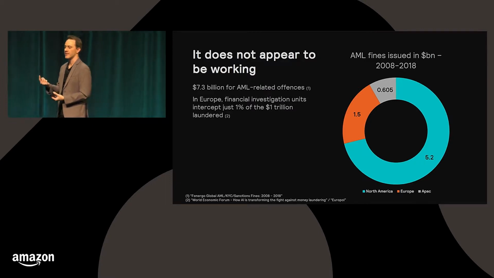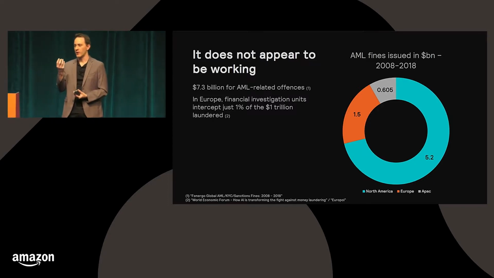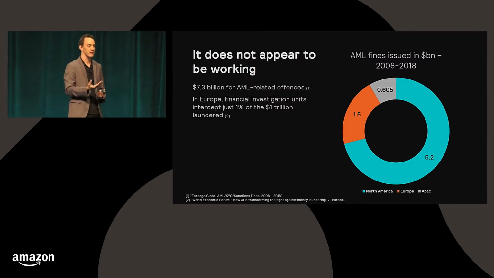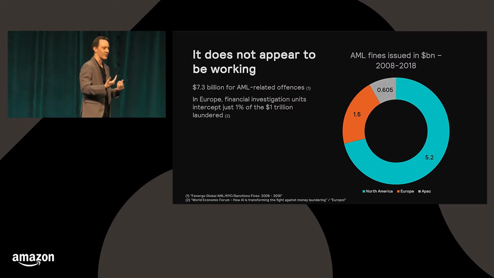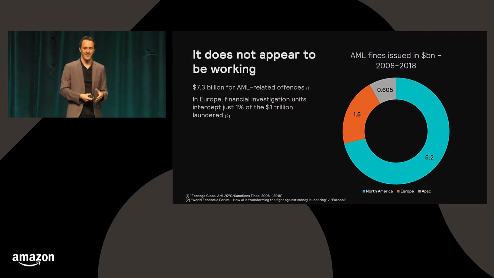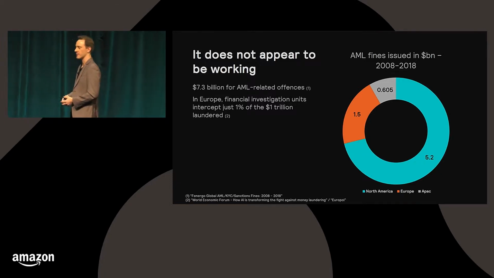It's just 1% of money intercepted. But if we look at the absolute number, 1% of 1 trillion, we're talking about $10 billion intercepted. This is $10 billion that is going to finance all kinds of criminal activities, as we mentioned: drug dealing, tax evasion, human trafficking, terrorist financing.